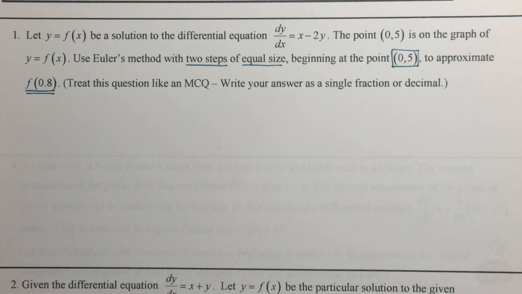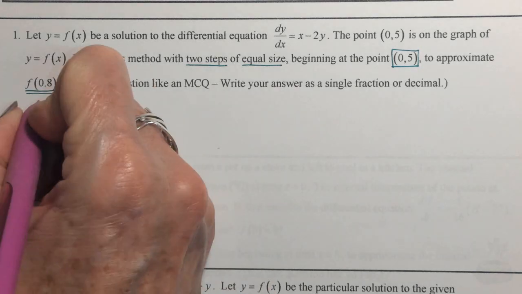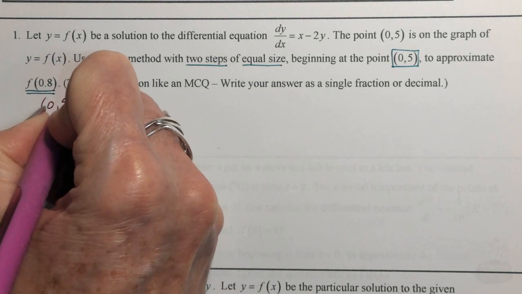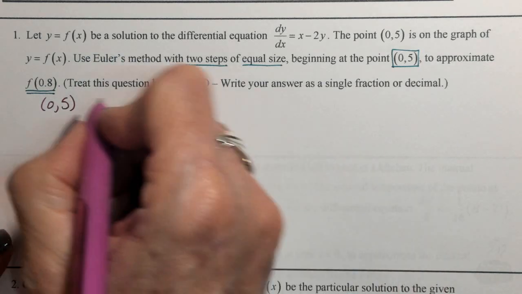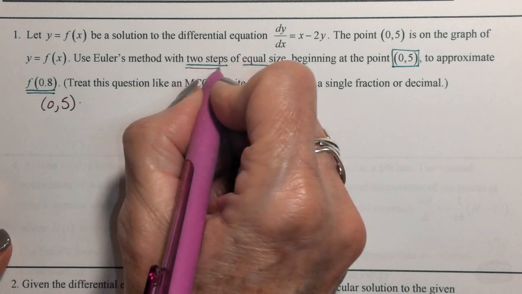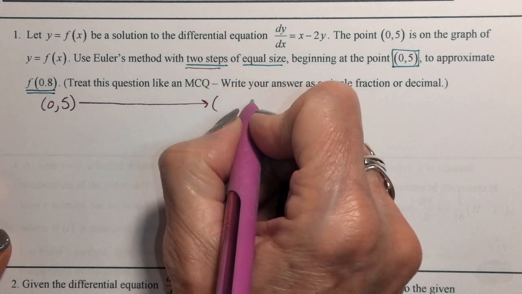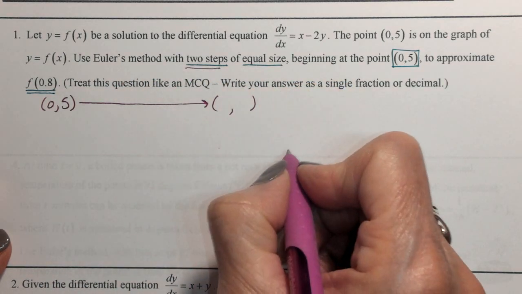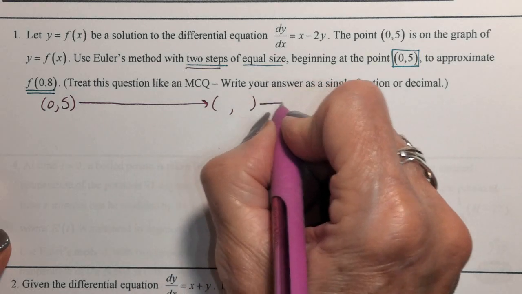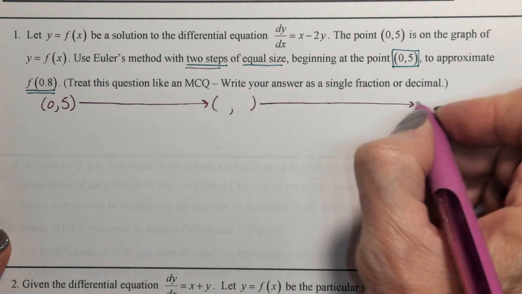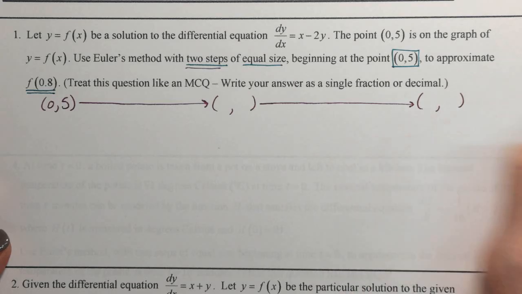Alrighty, so we begin. We are going to start at the point (0, 5). So (0, 5) is our starting point. Then we're going to take 2 steps. So after the first step, we will be at another point. Then we're going to use this point and do a second step till we get to our ending point.